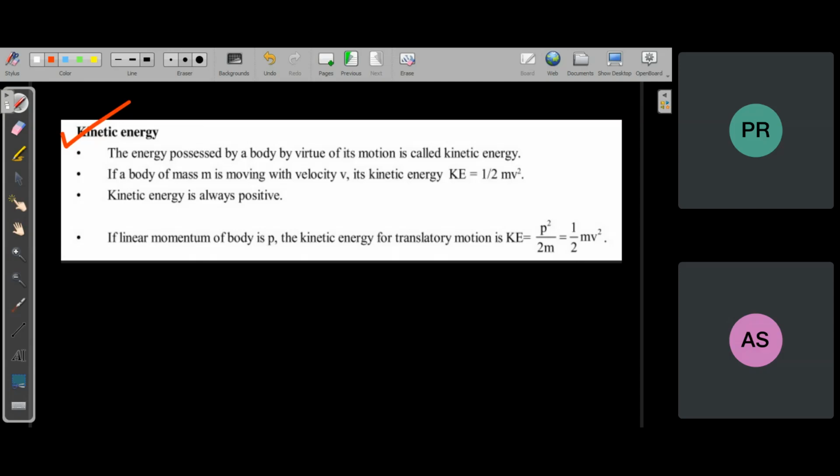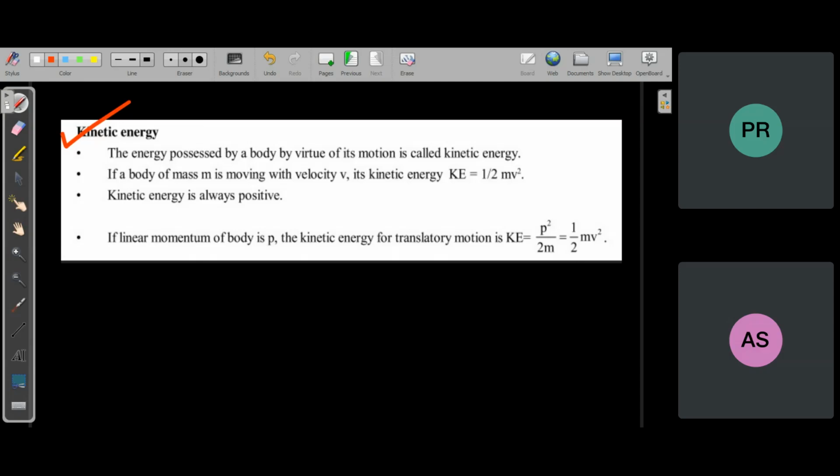No, it is due to motion. It is the same thing that you are saying, but you have to understand that the moment motion is there, kinetic energy is there. It's not that motion is there and then it will start gaining some energy. Not like that. Motion is there, kinetic energy is there.